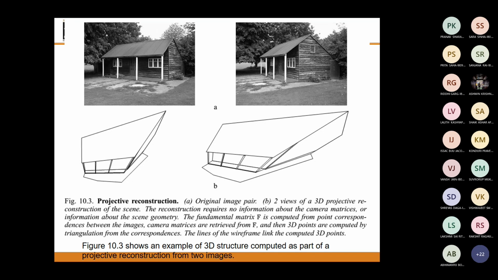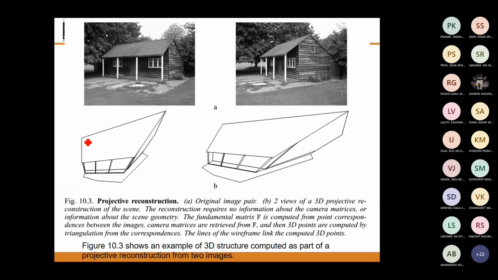In general, when you're trying to reconstruct a 3D scene from two images, the reconstruction would be in the projective space. When you say projective reconstruction, what we mean is that the parallelism between the lines or the lengths of the lines won't be preserved, right?